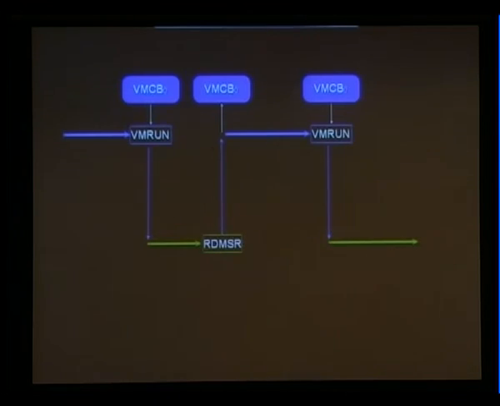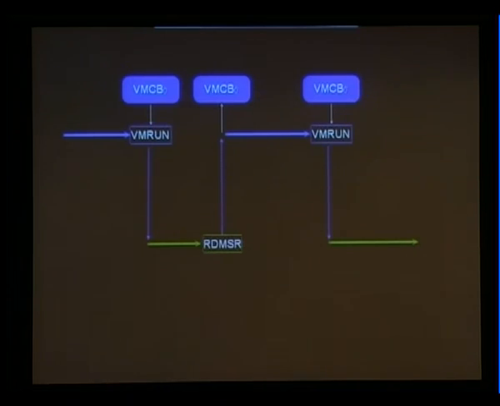So AMD SVM CPU extensions are implemented using a few additional instructions. The main instruction is called VMrun, and it takes a pointer to VM control block as its argument.